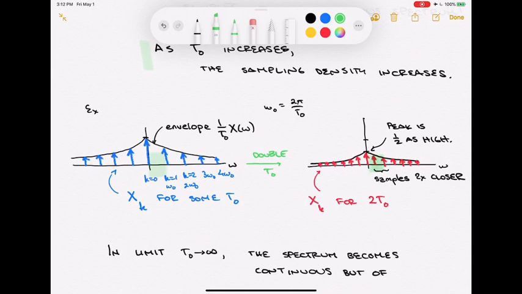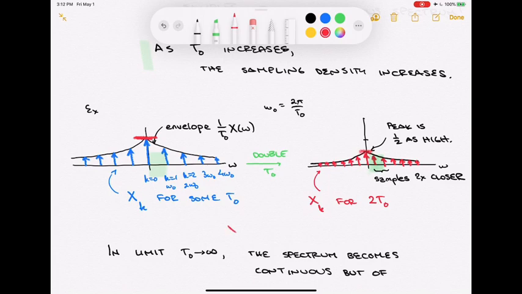The peak height is reciprocally related to period, and I doubled the period, so the peak height is going to be half as big as it was before. It's going to be half that value because of that 1 over t naught relationship.